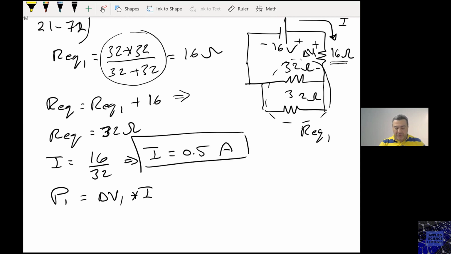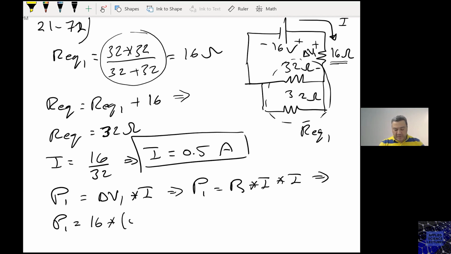So P1 is delta V1 I. I don't have delta V1, so I can continue substituting. Delta V1 is R times I. Then P1 is R16 times I squared, which is 0.5 squared. P1 is 4 watts.